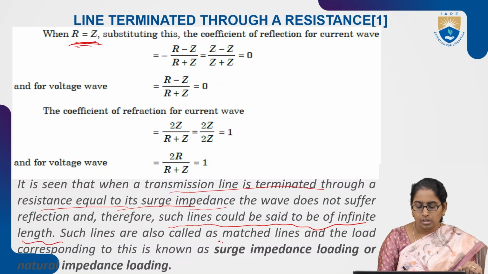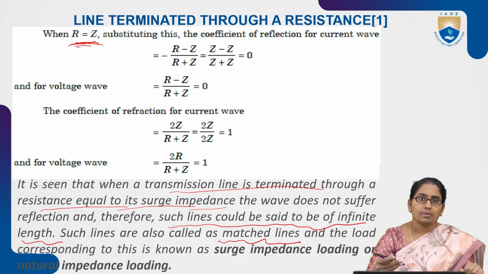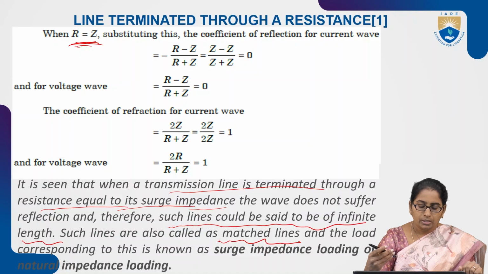So just know this point: when the line is terminated through a resistance value equal to the surge impedance Z, there is no reflection in the line, such lines are said to be of infinite length, and they are called matched lines.